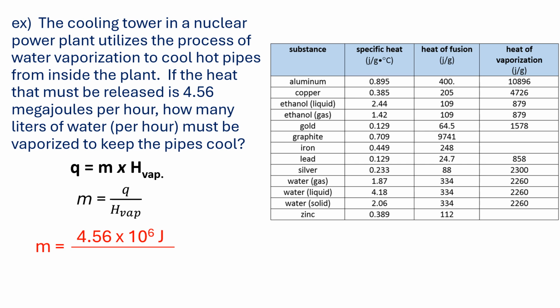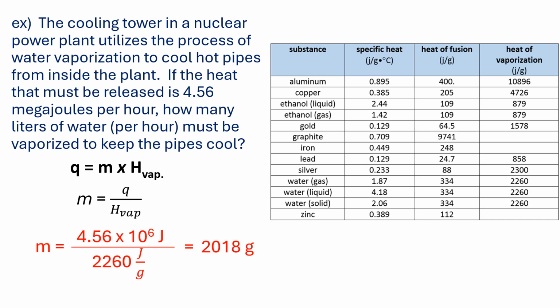Now if you remember your metric prefix chart, mega means 10 to the 6th power, or a million of whatever the base unit is. So 4.56 megajoules is 4.56 million joules, or 4.56 times 10 to the 6th. And then on the bottom, I just have my heat of vaporization that we already used once, 2260.